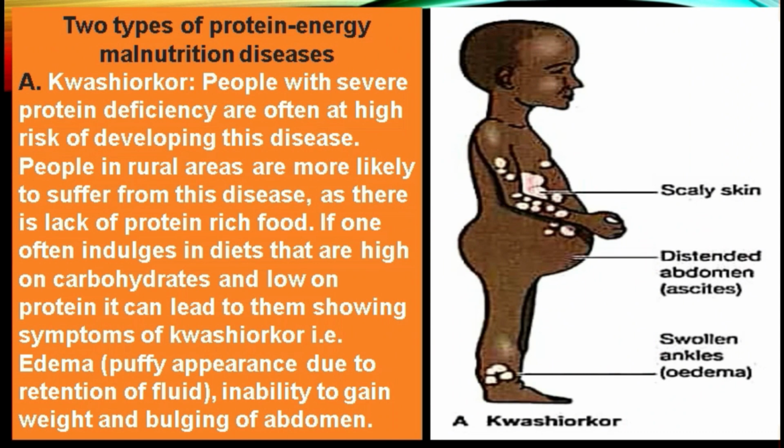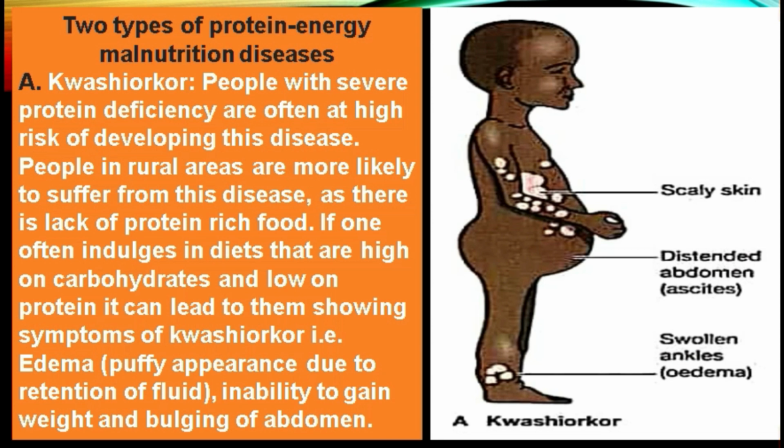Students, as you can see here, firstly we will learn and understand about the first protein energy malnutrition manifestation, that is kwashiorkor. Kwashiorkor is a form of severe protein malnutrition characterized by edema.